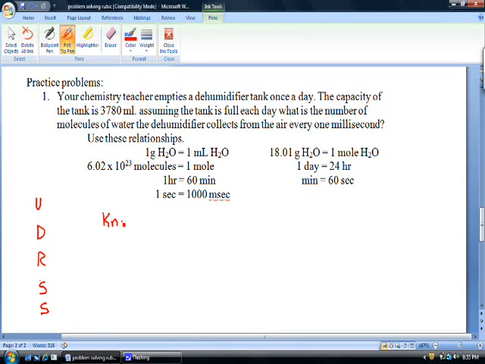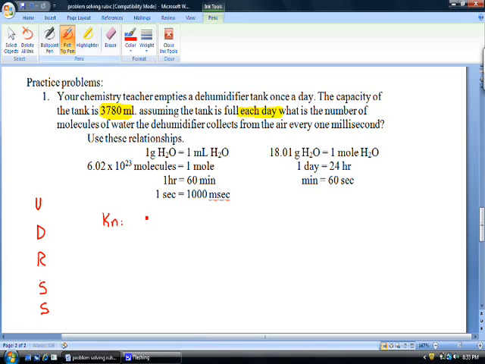We know in this problem that your chemistry teacher empties a dehumidifier once a day. The capacity of the tank is 3,780 milliliters. So I'm pulling out of the air in my shed 3,780 milliliters of water every day, each day.